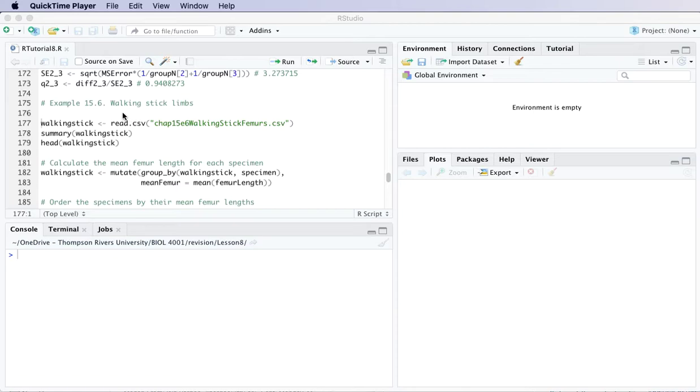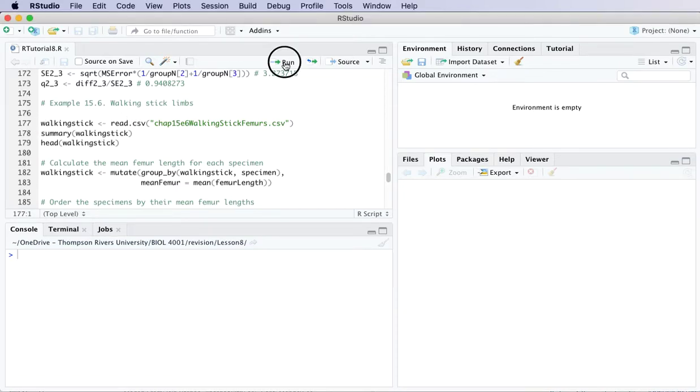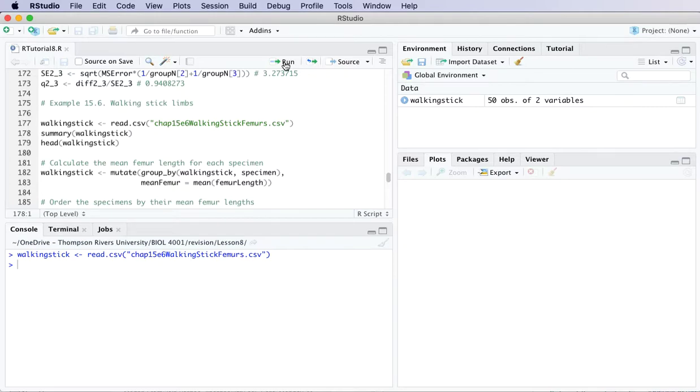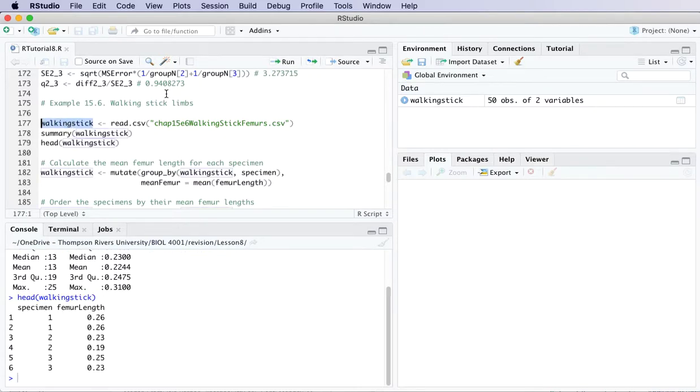So to illustrate, we have this data set here on walking stick insects, and let's just take a look at the data.